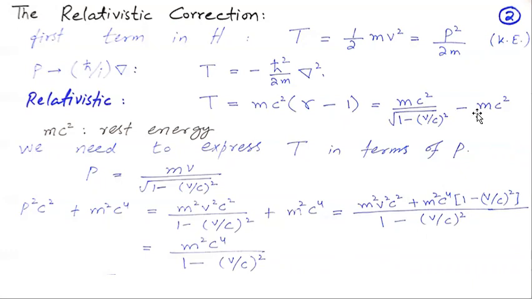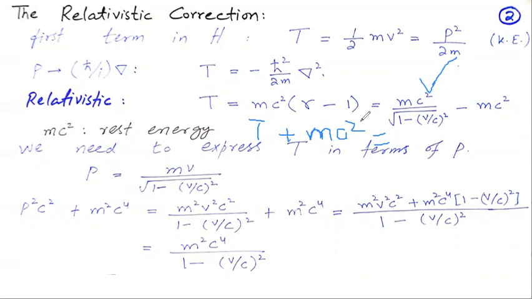If I take mc square to the left and take the square root, I show you in a moment. I take this term to the left, so here will be plus mc square equal to this term.